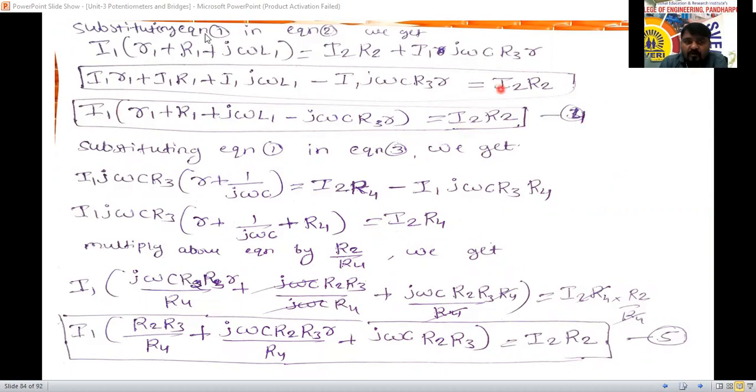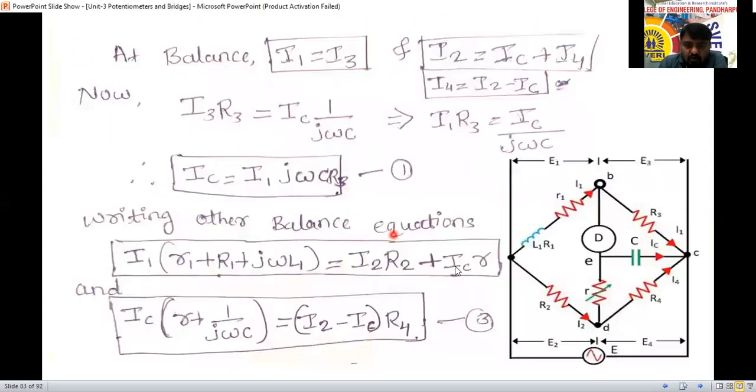Next, in equation number 2 IC was there, and we have substituted equation number 1 in equation number 2. Next, consider equation number 3. Here the IC term is there, and here also the IC term is there. In place of IC, you substitute I1 j omega C R3 here and here.